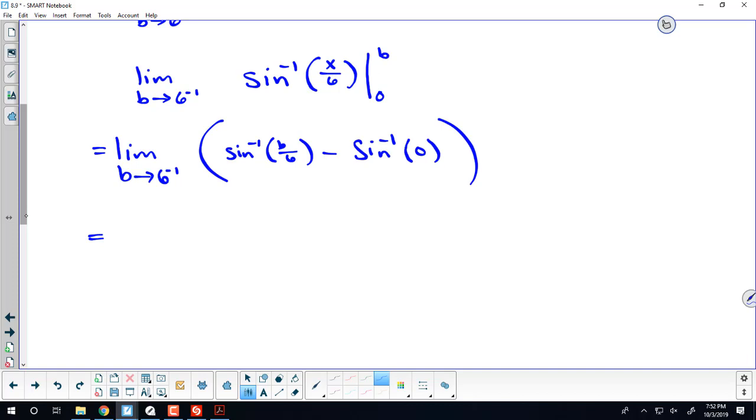As b approaches 6 from the left, what does inverse sine approach?